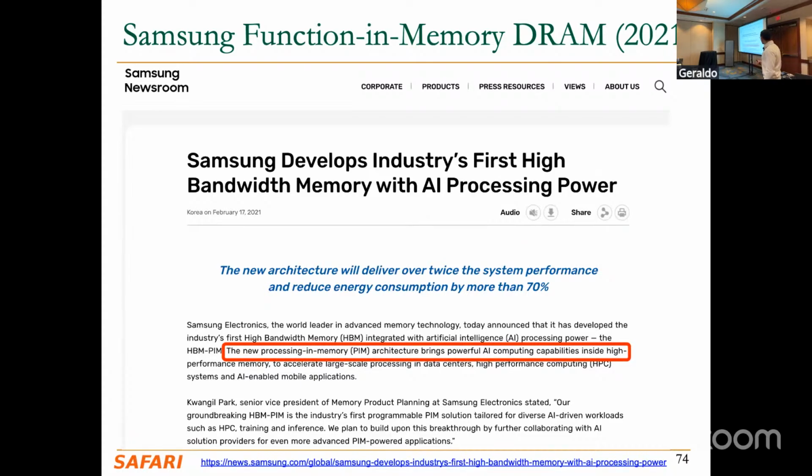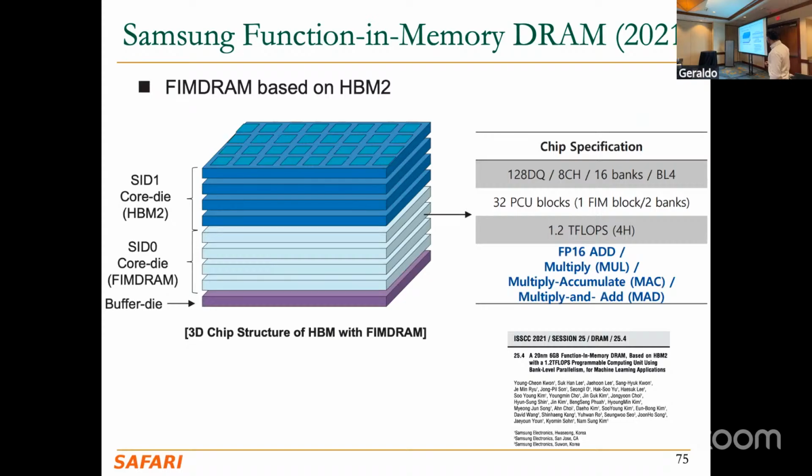Since 2021, Samsung started developing these processor-near-memory architectures targeting neural network inference. The first realization that they published was called PIM DRAM. They keep changing the names, but in the end, it's exactly the same idea.